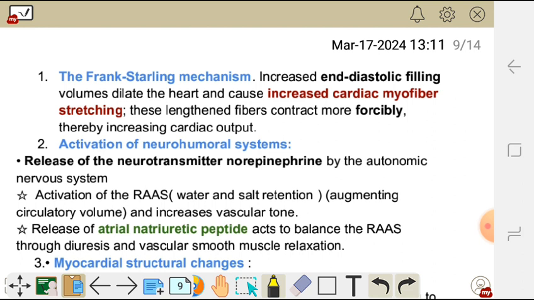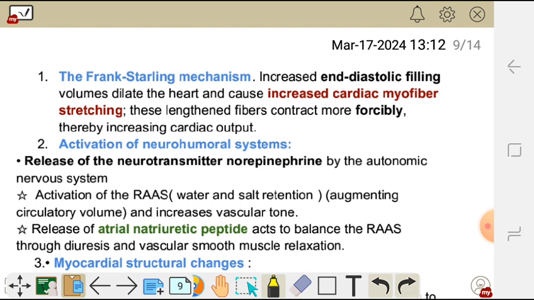Then apart from the release of neurotransmitters, we have activation of the RAS. As the blood is passing through the kidney, the juxtaglomerular cells are going to detect the lower volume or the lowered blood pressure, and once it is detected, renin will be released. Renin will activate angiotensin 1, which will be converted by angiotensin converting enzyme to angiotensin 2.